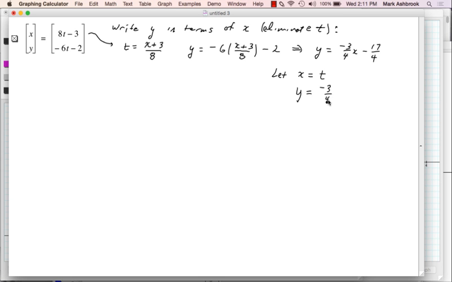Negative 3/4 t minus 17/4. And there you have a set of parametric equations that also is equivalent to that line y equals negative 3/4 x minus 17/4.